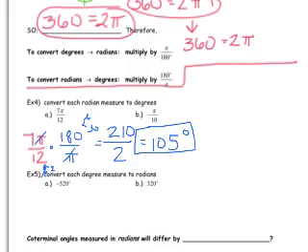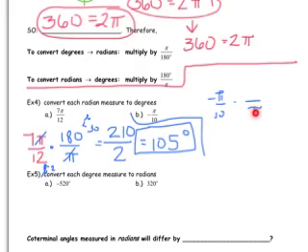Okay, so let's do B. Negative pi over 10. Same thing: you want to multiply times the pi on bottom. That way, pi gets rid of pi, and you're going to do 180 on top. So this cancels with this, and you're left with negative 18 degrees.